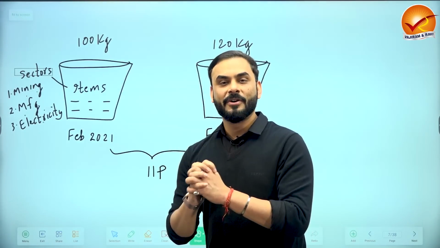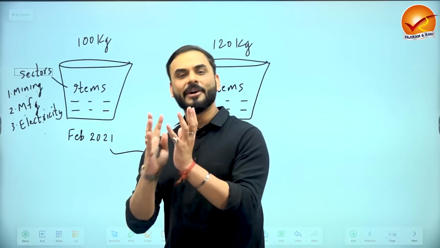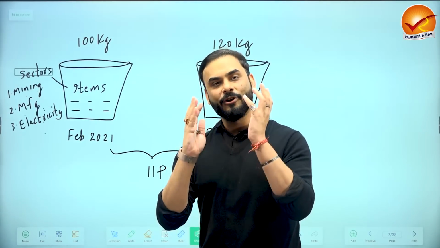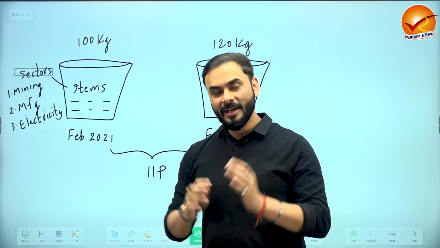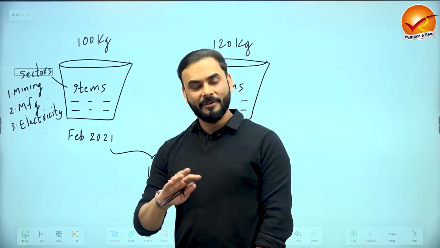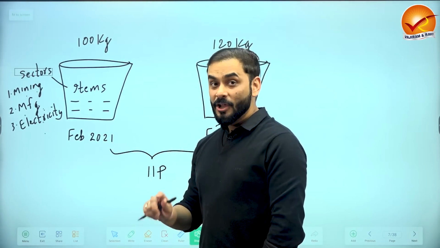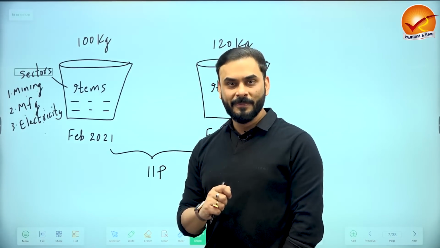So do one thing, from manufacturing, mining and electricity, take a lot of products, take a lot of items. Let's say around 800, 900 items we are taking. Put all those items in this basket. Close to 800, 900 items, put all those items in the basket. Why 800, 900 items? Because these are the most important items which are produced, right?